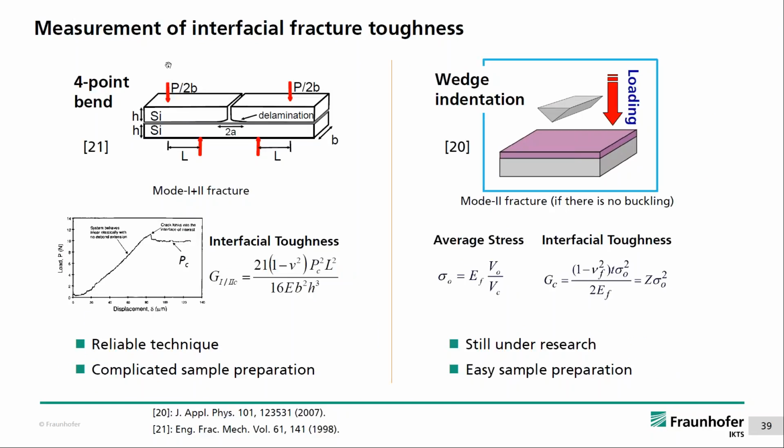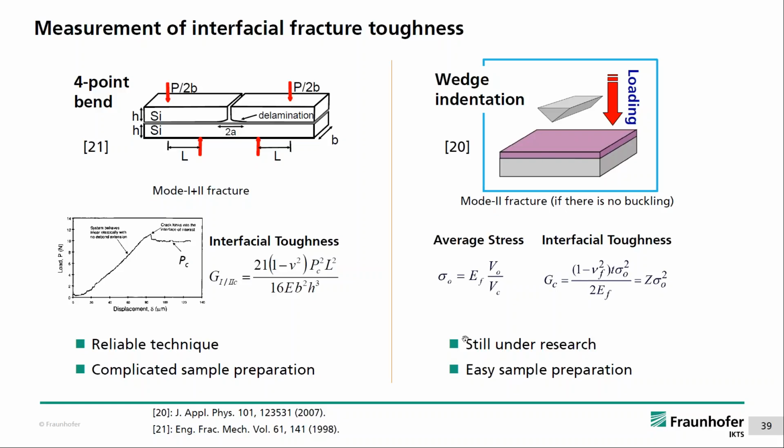So here is a comparison of the 4-point bend and the wedge indentation. 4-point bend is a standard method. It's pretty reliable. The values for the G_c you get are pretty good, but you have this complicated sample preparation. You have to have these 2 bars and a pre-notch and so on.